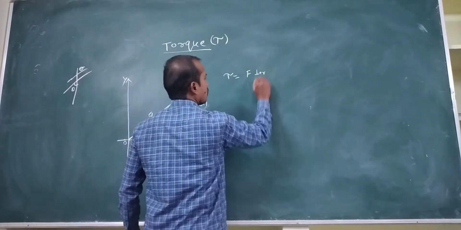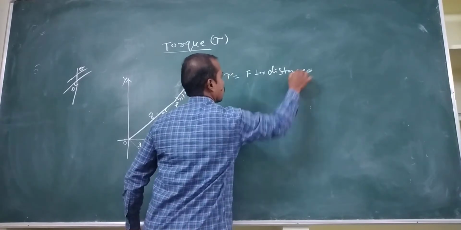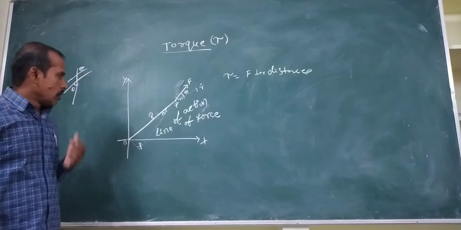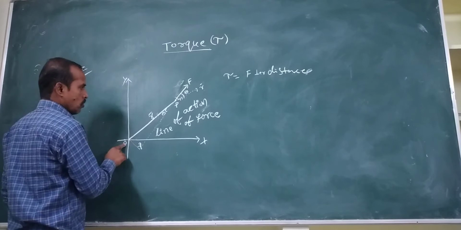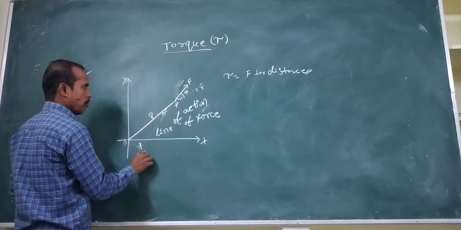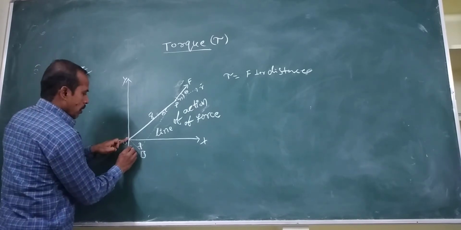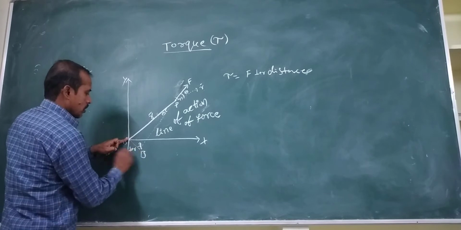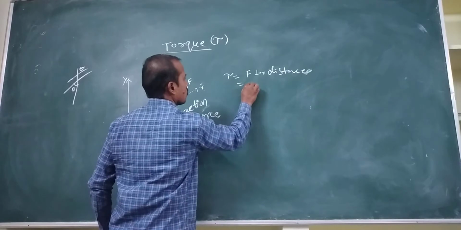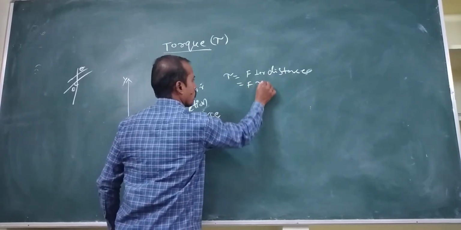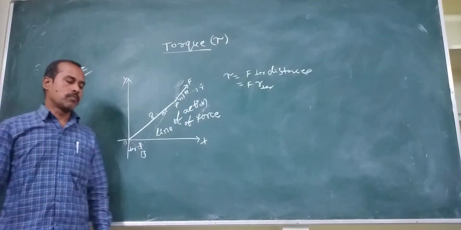Now, for sin theta, for example, O P, P is the point. This one is the perpendicular distance of the line of action of force.